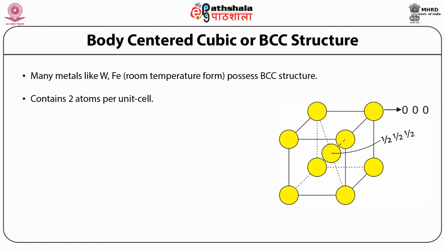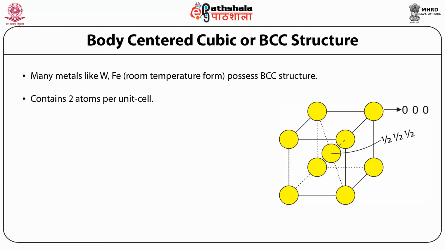You may be confused how two atoms are present per unit cell, so let us analyze this figure. In the diagonal, you can see that there are three atoms. If we take center to center distance, two atoms are forming a unit cell. Thereby, we are saying that it contains two atoms per unit cell.